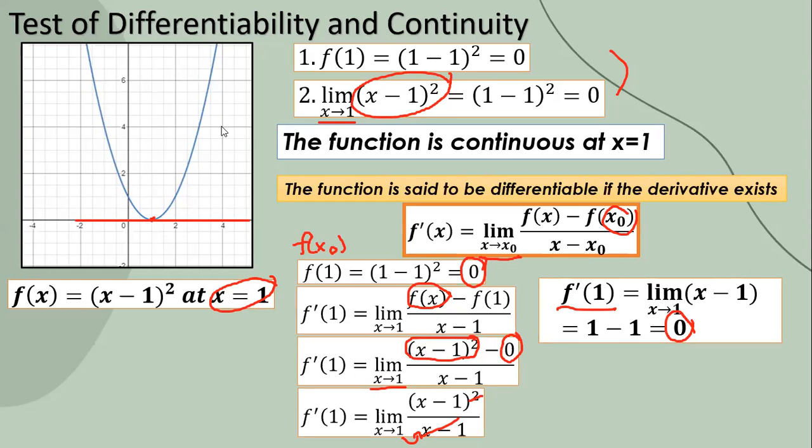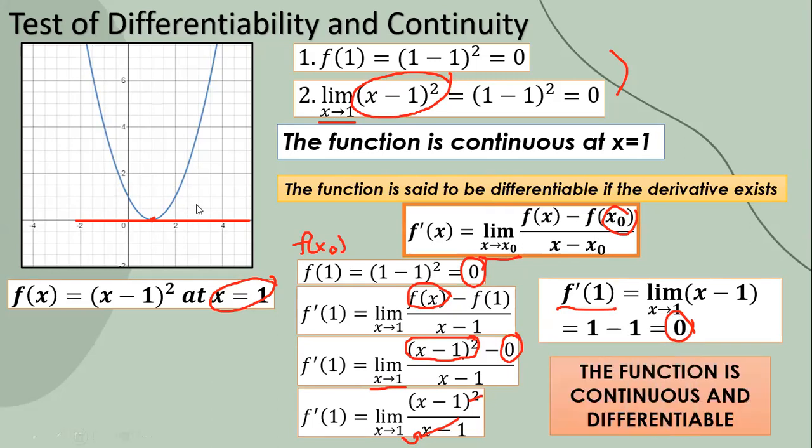So we have found this out using our formula. So it exists. It has a slope and we got a value which is 0, a real number. So the function is said to be continuous and also differentiable as our final answer or conclusion.